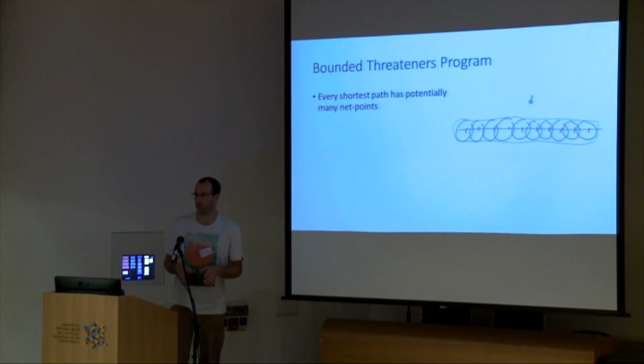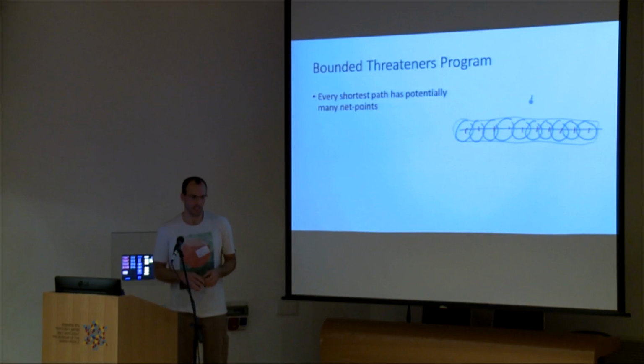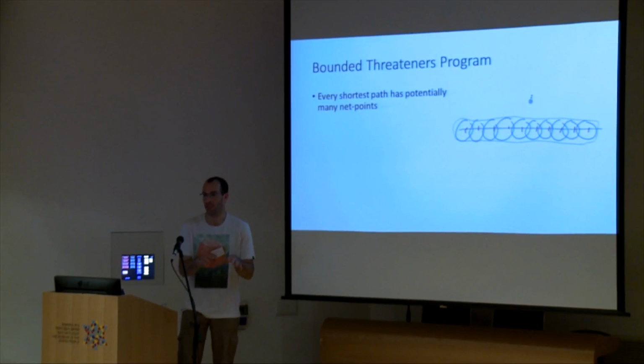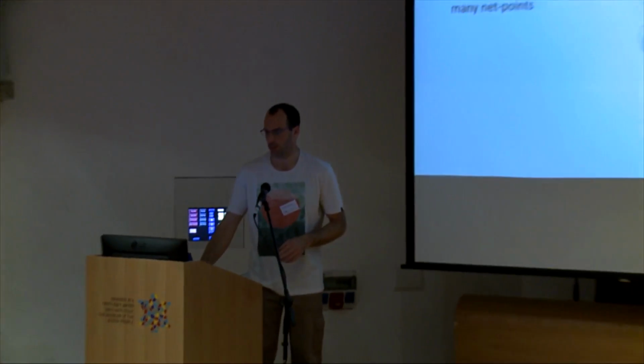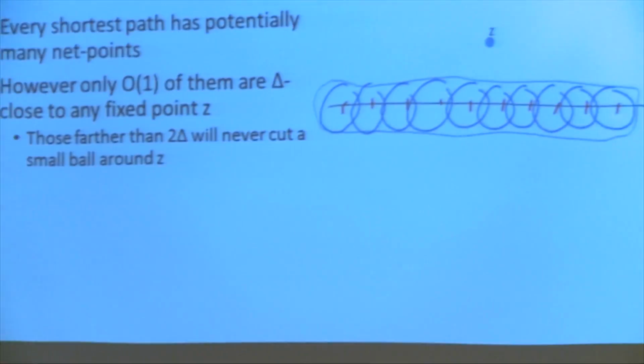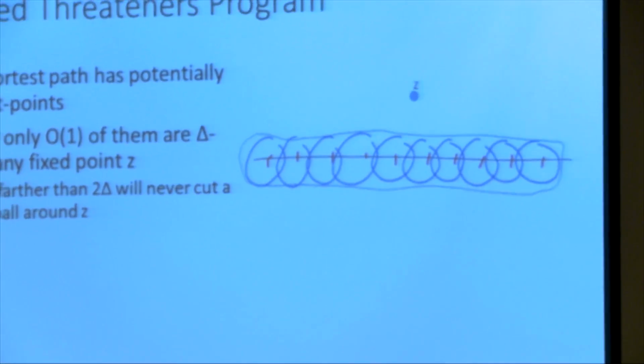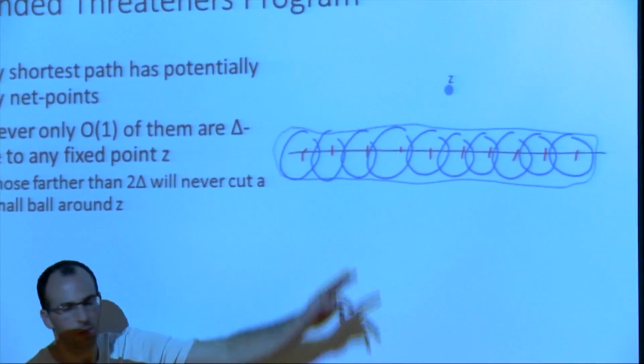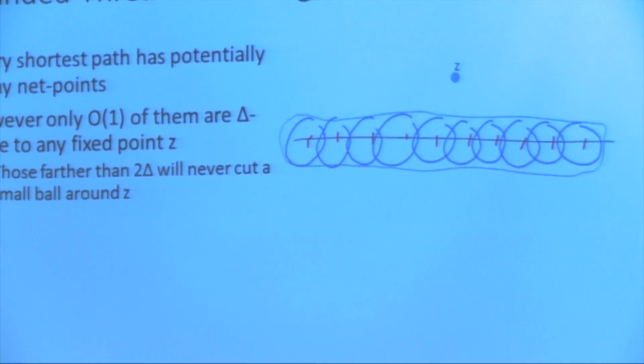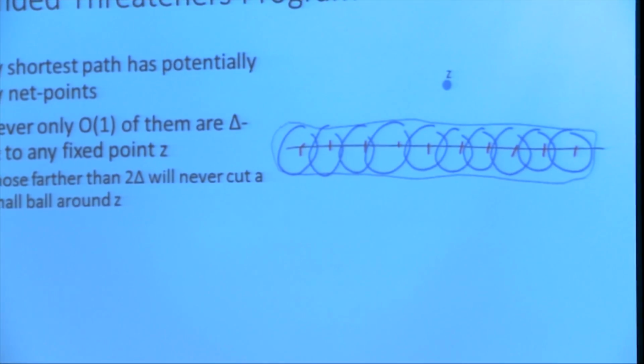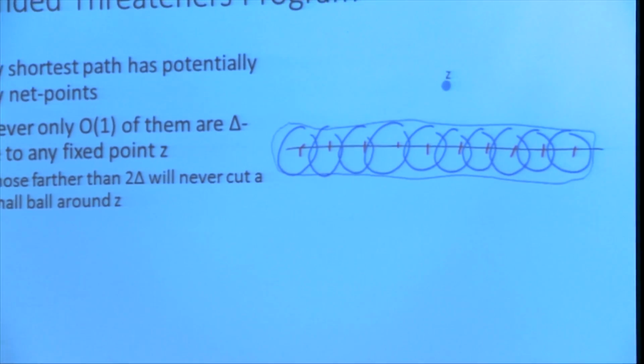The cup decomposition, remember, we decomposed the graph into pieces. Every piece consists of at most r shortest paths. So even though every shortest path can induce many clusters, only a constant number of them can actually threaten z, right? Because we took delta over 4 nets, only 10 or something like that can be of distance delta to any fixed point z.